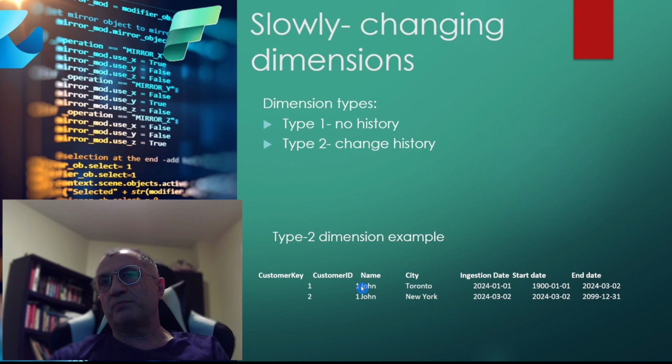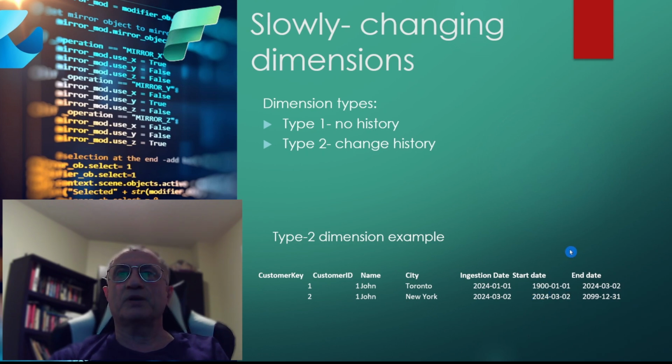So in this example, customer John used to live in Toronto, and at some point in March, he moved to New York. During this March ingestion to my lakehouse, I would add two rows here. I will first expire the previous version of the row by ending it at today's date, the ingestion datetime, and then introduce a new version of the row which starts its life from this ingestion moment and goes to the future.